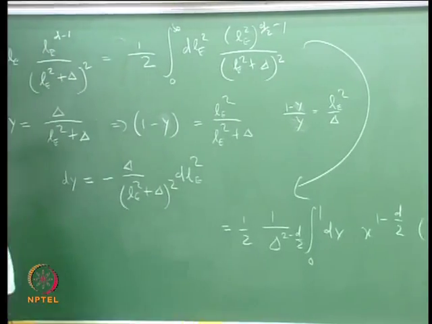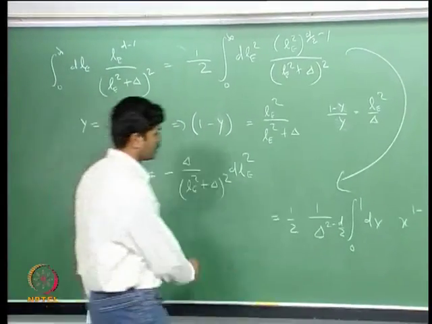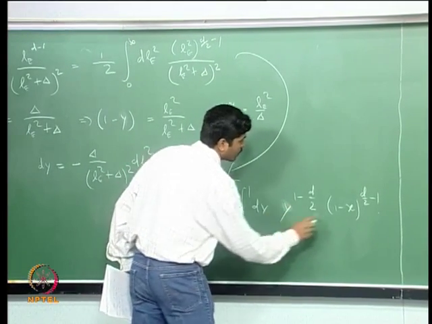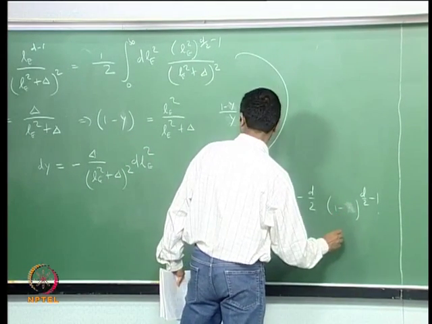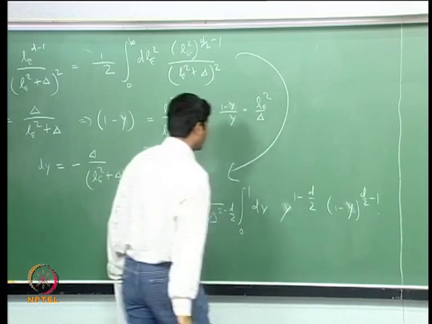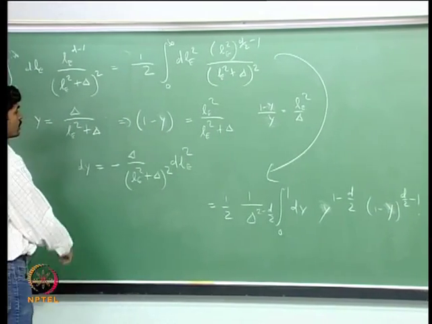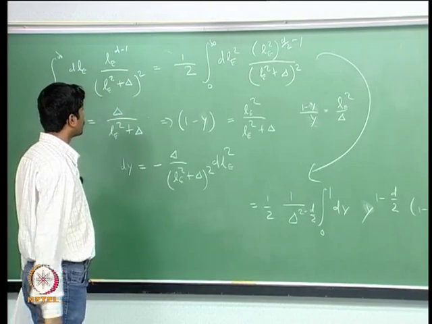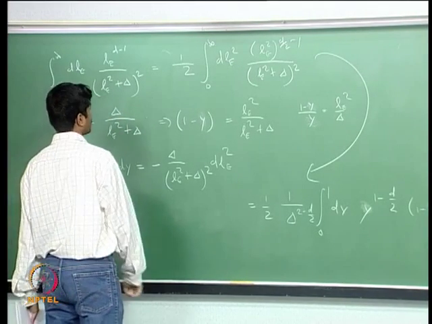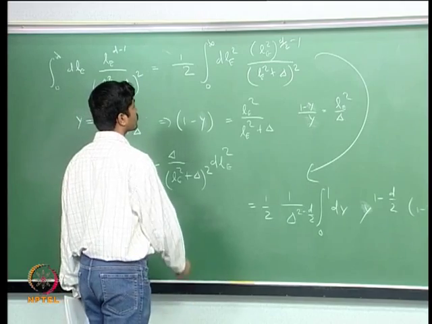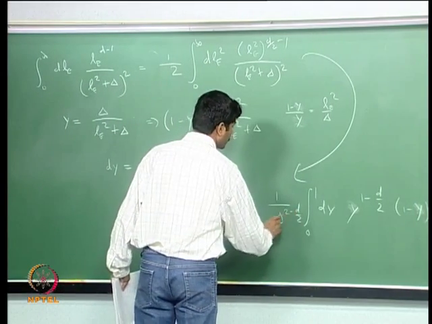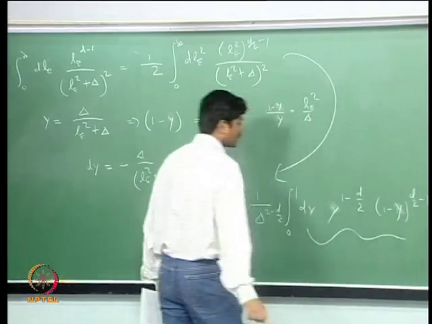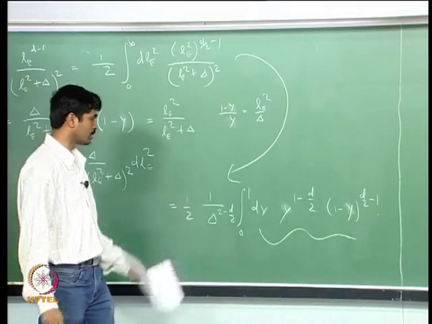Okay. So, I will use the variable y here. This is y. So, this is straightforward. You can just see by substitution that this is what you get, and what you have here is nothing but the beta function.